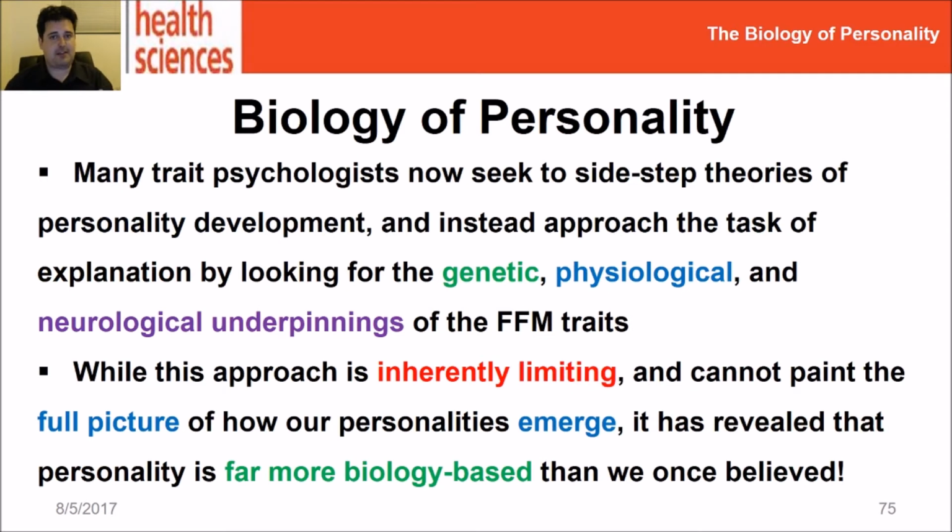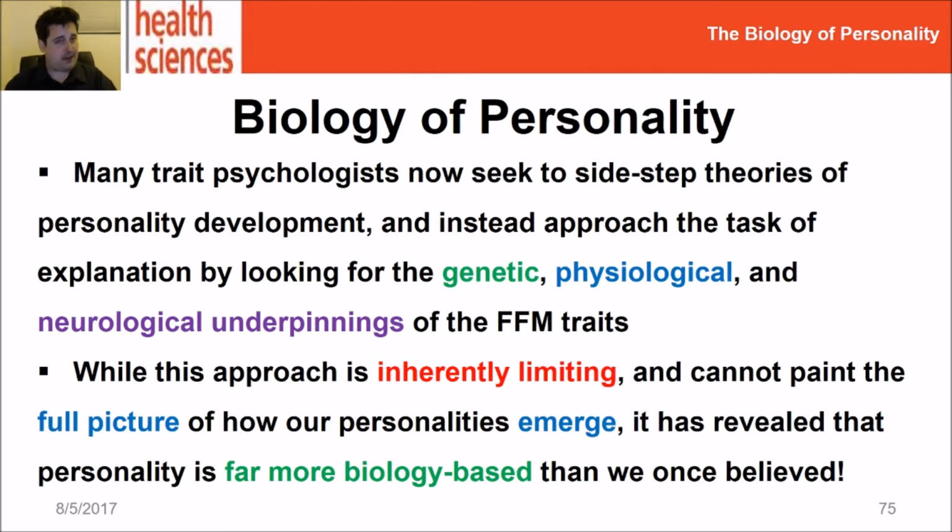So this alternate path relies on this idea of saying, well, let's just look at personality traits. We know that we have that down pat. We know we have a great way of using traits to describe the variation in the population at any given moment, how any one person differs from another, and then try to correlate those trait differences, those descriptive differences, with genetic, physiological, and neurological factors that underpin them.